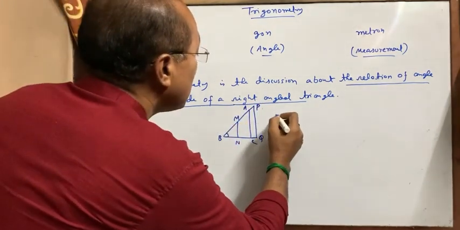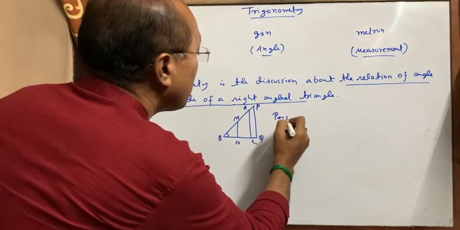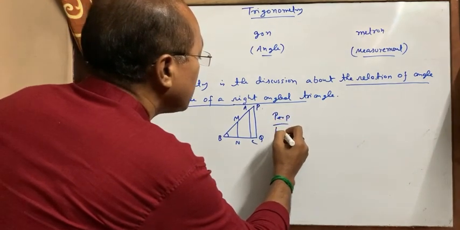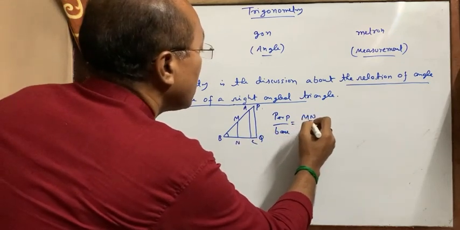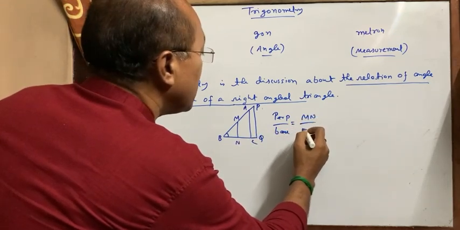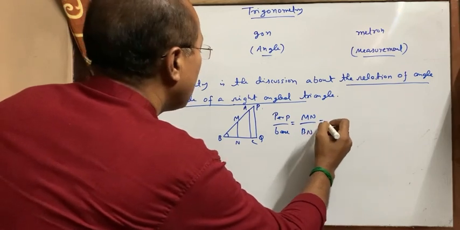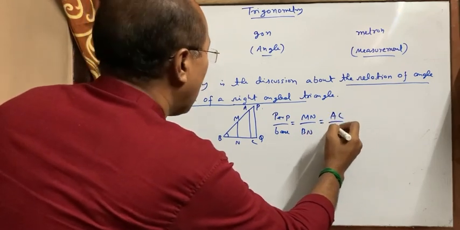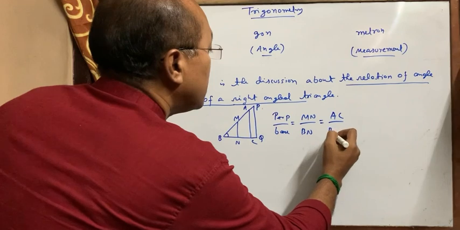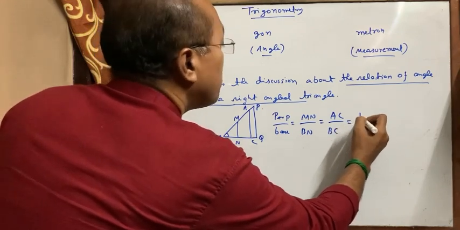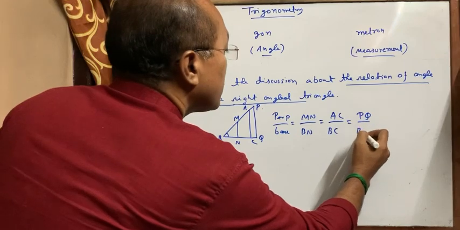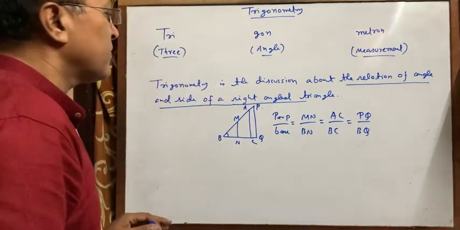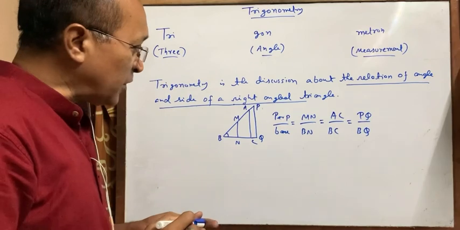So the ratio of perpendicular by base is MN by BN, AC by BC and PQ by BQ. Here it is perpendicular by base.